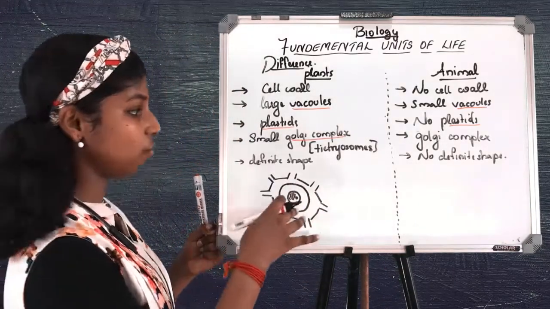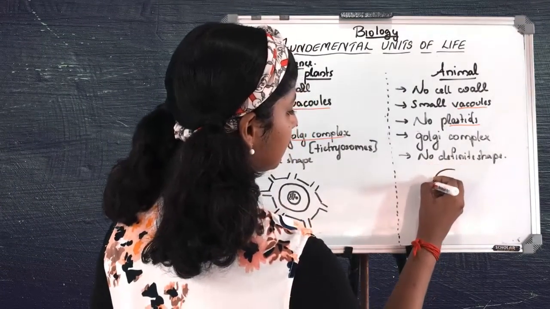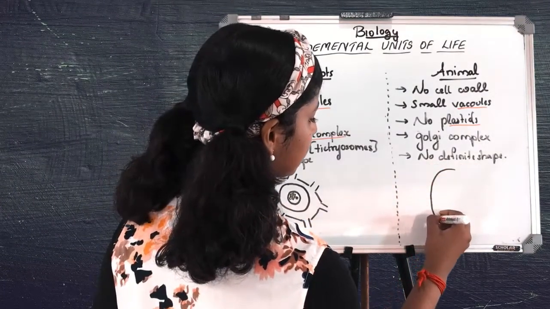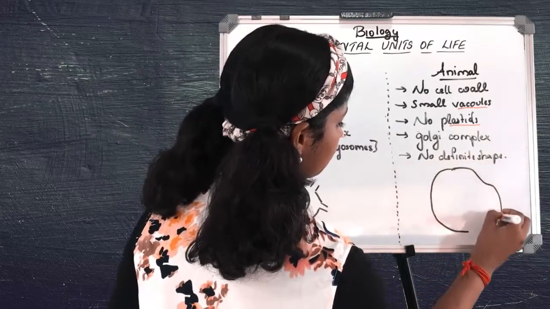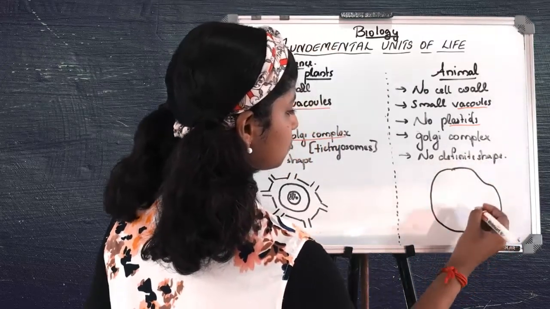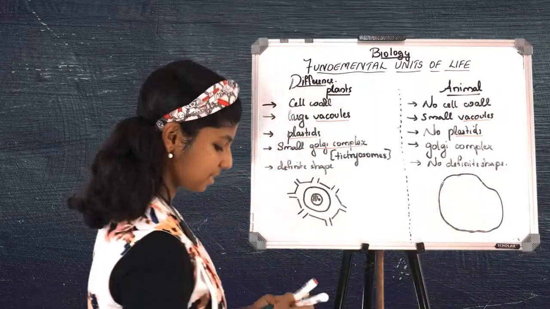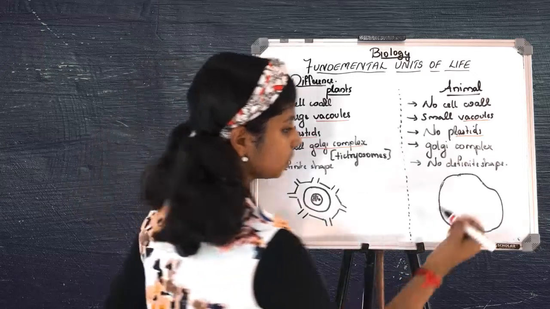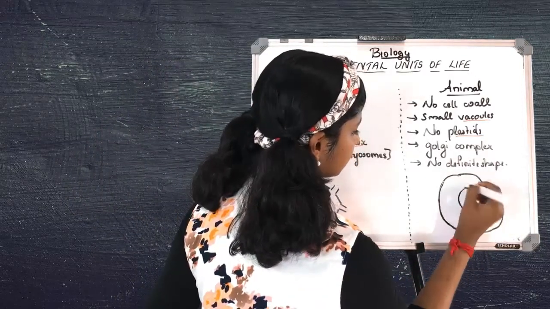So this is the cell wall. This is the plasma membrane, and we have the nucleus here.